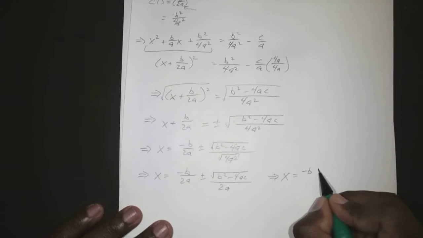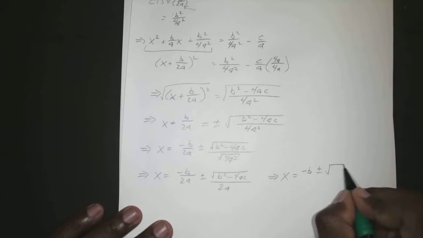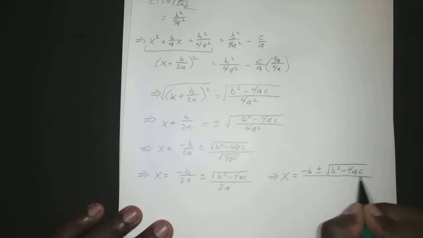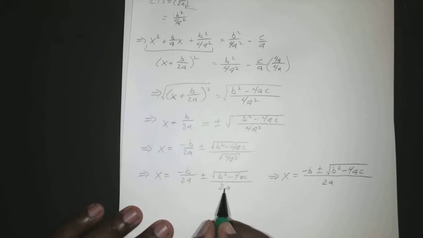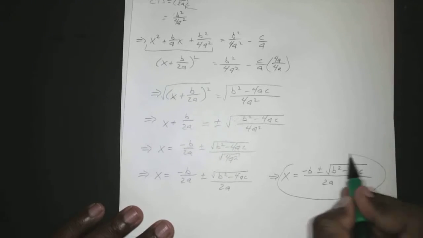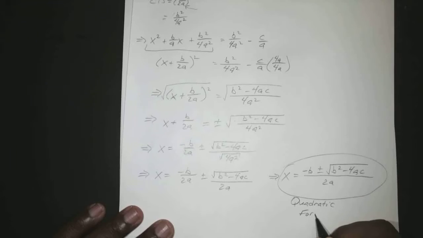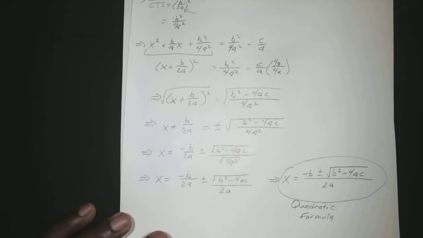That's negative b plus or minus the square root of b squared minus 4ac, all that over the common denominator of 2a. Okay? And that's our quadratic formula. So no, you won't have to do that every single time. All you have to do is use that formula.